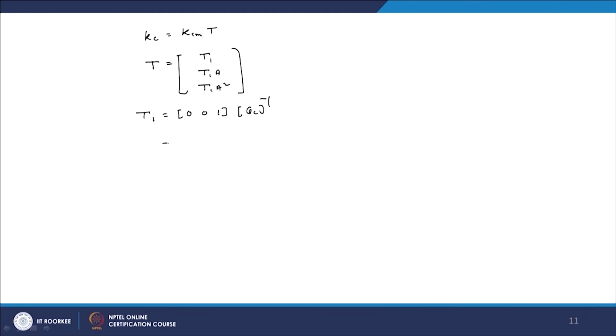If you multiply 0 0 1 and QC inverse, which we have already determined, we can write it as minus 1 2 1, 1 1 0, 1 0 0. If you solve it, we will get 1 0 0. So, we have got T1, but T involves T1 a as well as T1 a square, so we have to determine those.